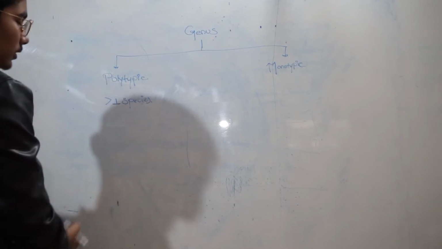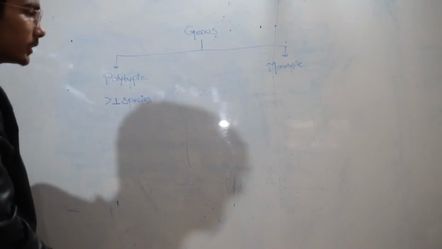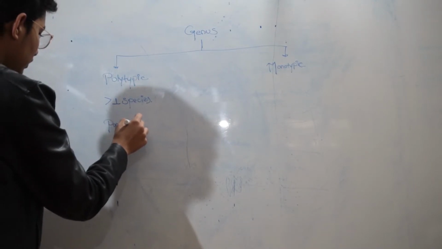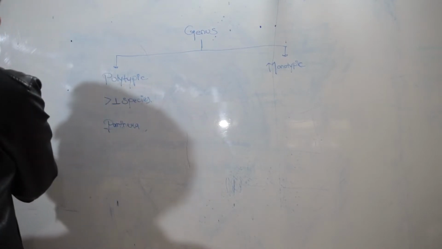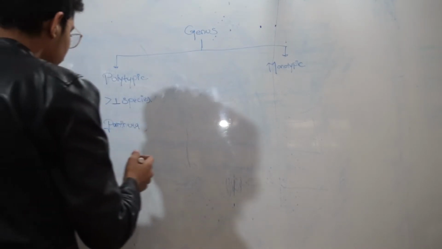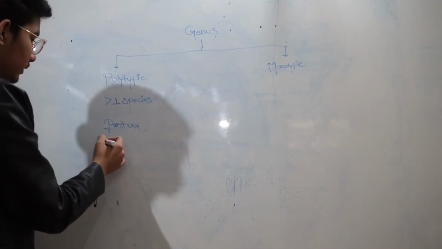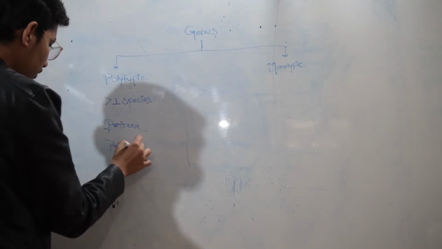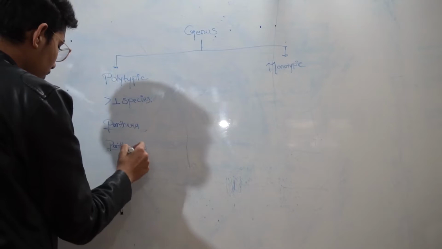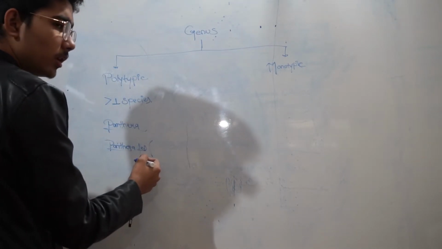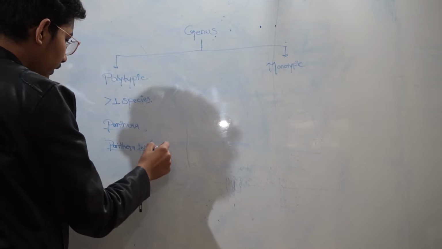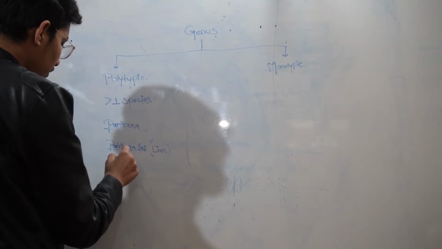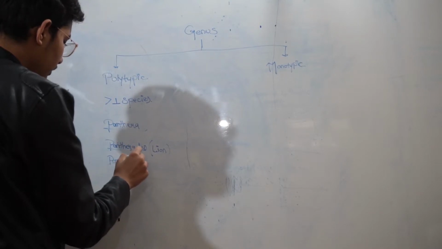I am citing here an example. One of the best examples is Panthera. Yes, Panthera. So one example is Panthera leo. It is the example of lion. The other one is Panthera tigris.